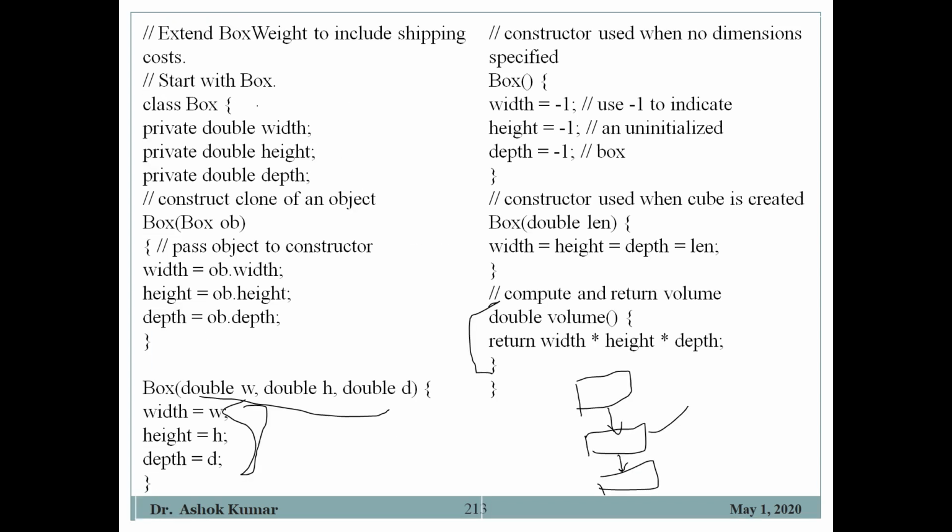Because we are inheriting box to weight box, this volume method will be inherited first to the weight box class, and then from weight box to the shipment class. So this volume method will become a member of the shipment class.